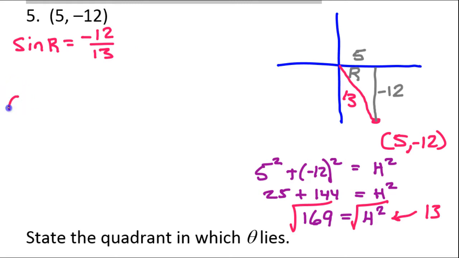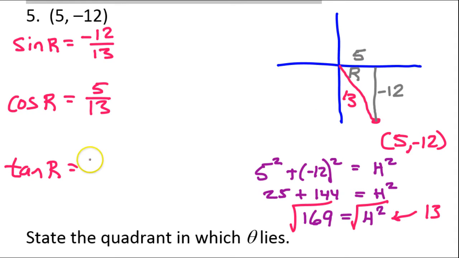The cosine is going to be adjacent over hypotenuse. So that's going to be 5 over 13. And the tangent is opposite over adjacent, so that's going to be negative 12 over 5.